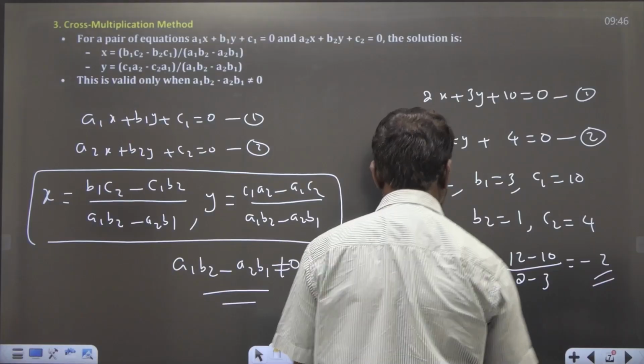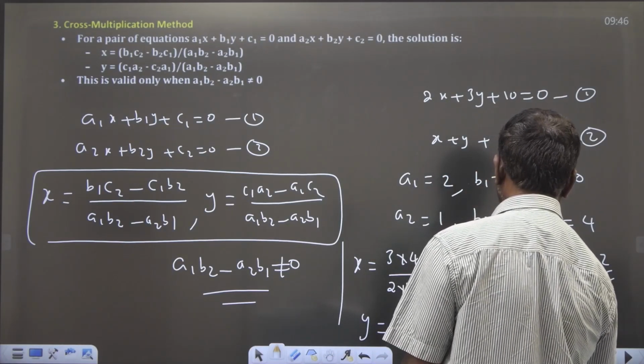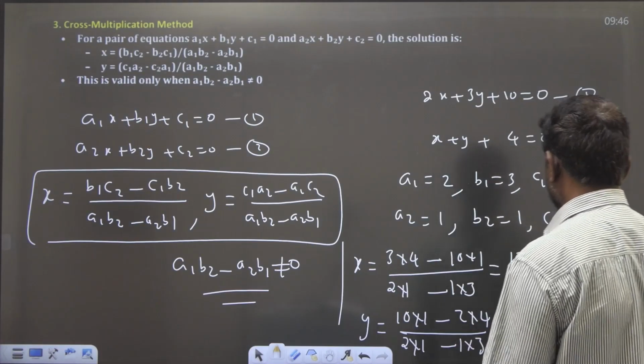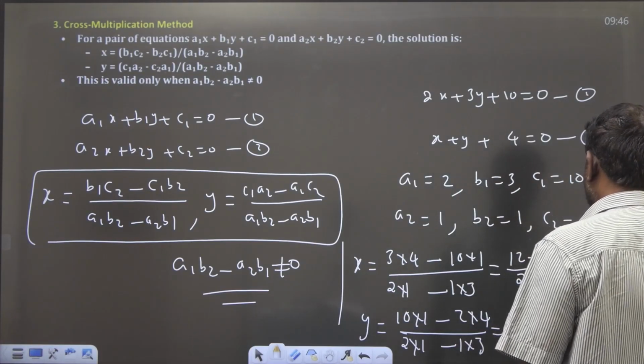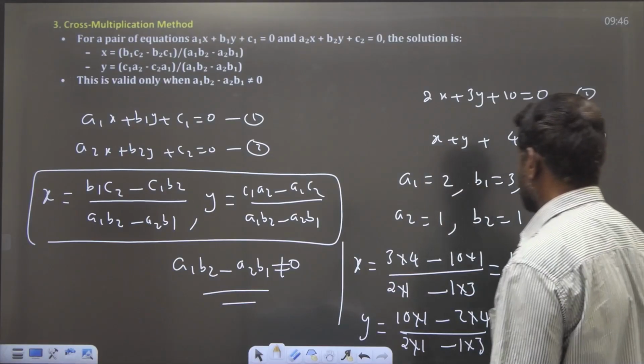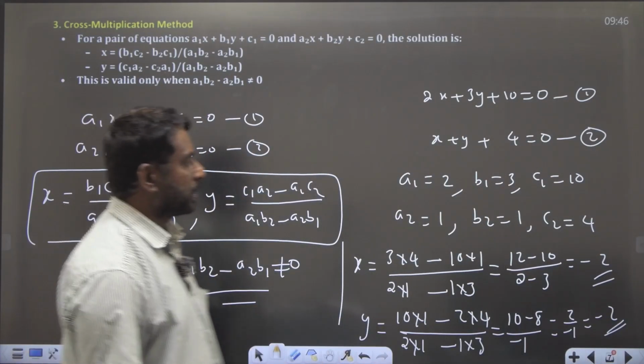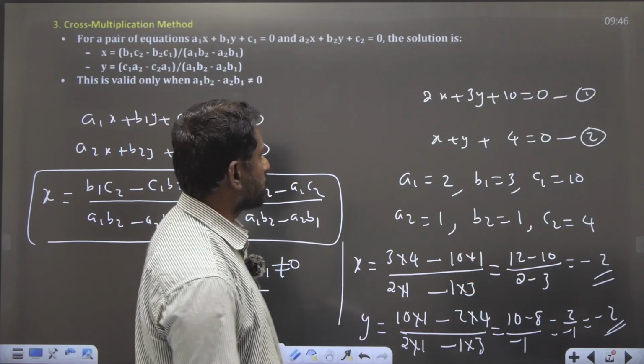That is equal to 10 minus 8 divided by 2 minus 3, minus 1. That is 2 divided by minus 1, that is again minus 2. We can verify whether it is correct or not.